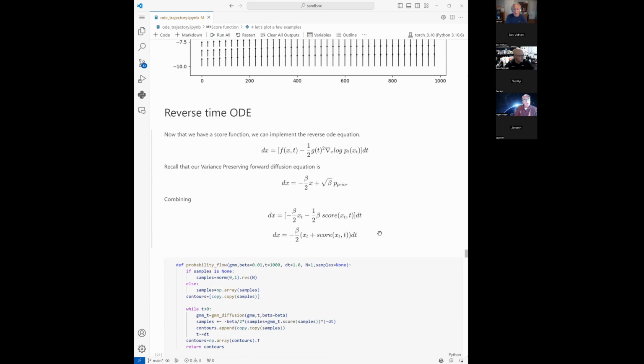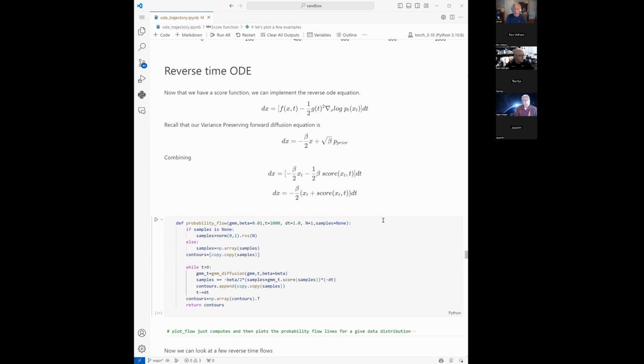Okay, so now that we've got a score function, we can go ahead and implement our reverse time ODE. The equation at the top there, I took from Song's slide, is the reverse time equation. The F and the G are the mixture between X, the current sample, and the noise that you're adding.